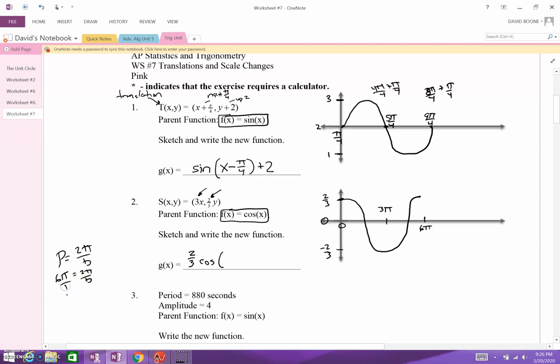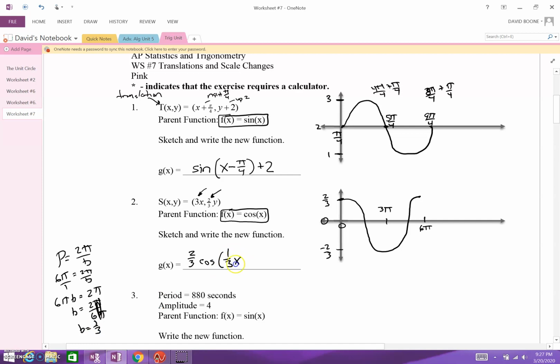You can put that over 1, cross multiply, so you'd have 6 pi b equals 2 pi. Divide by 6 pi, b would be 2 pi over 6 pi. That would cancel. 2 over 6 reduces to 1/3. So that's my b value that goes in here.